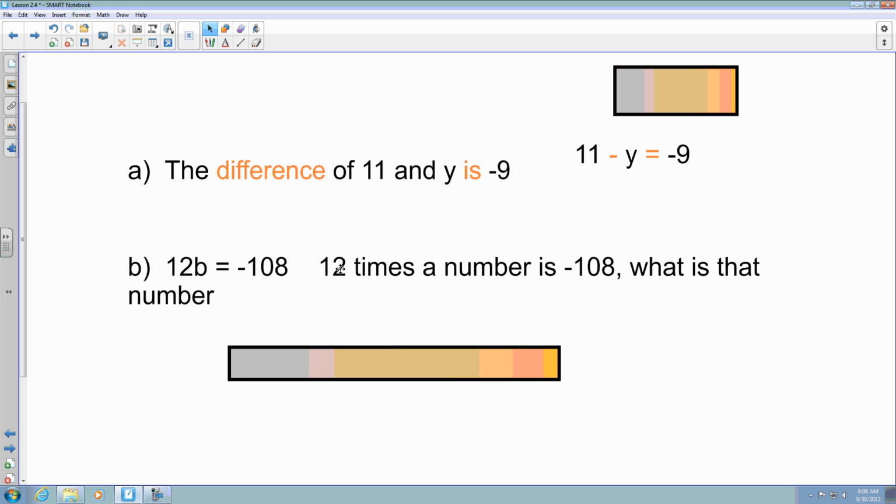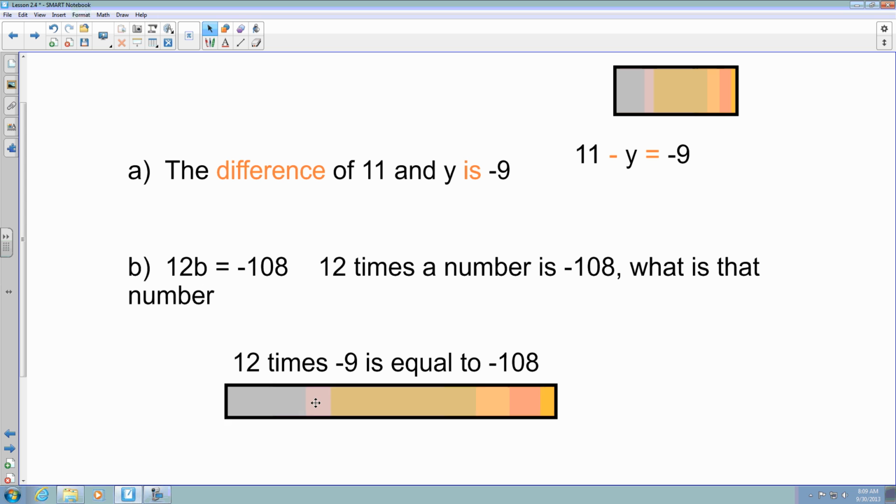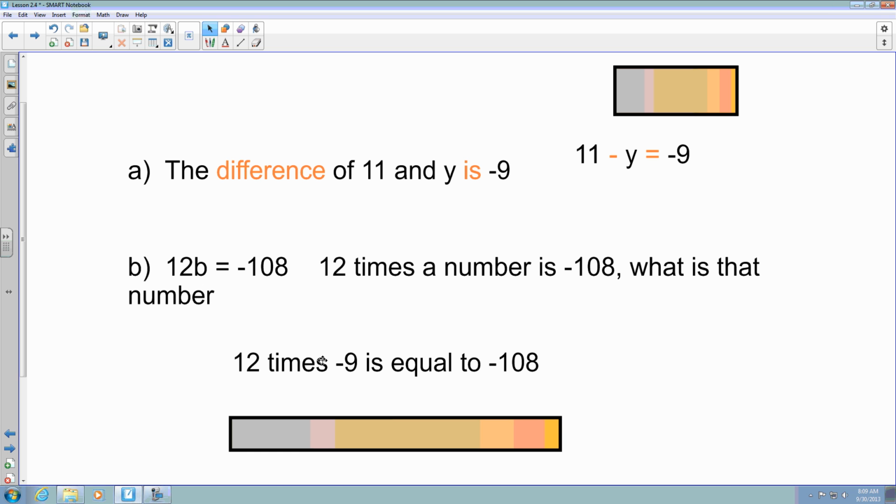It says 12 times the number is negative 108. We want to know what that number is, so what is going to make this statement true? You can do a little trial and error. You know for a fact that it's going to be negative because the result is negative and they have different signs. And I know that 12 times negative 9 is equal to negative 108.